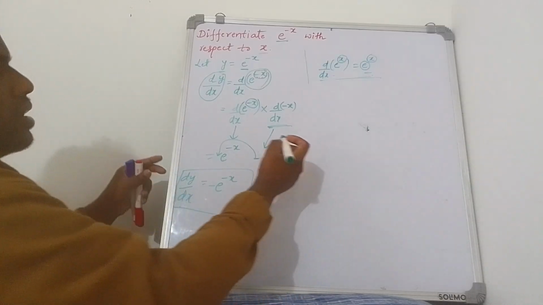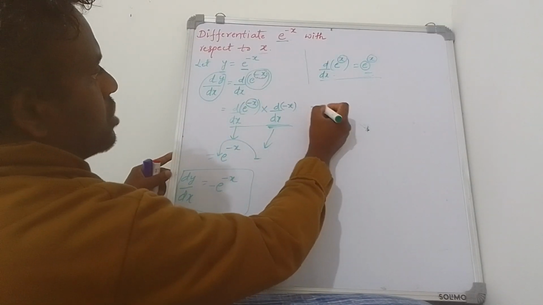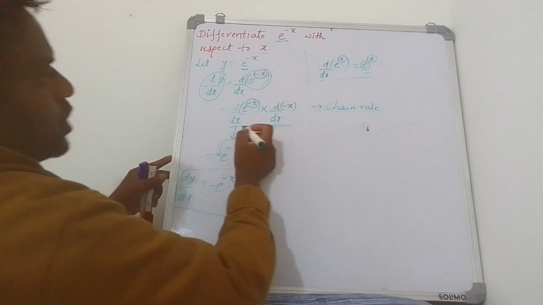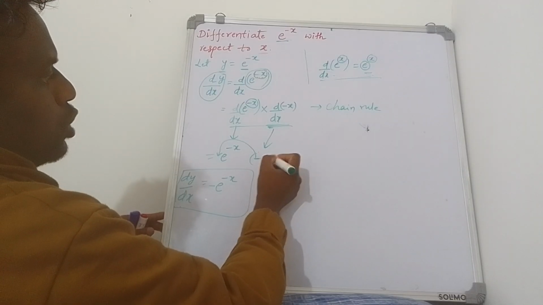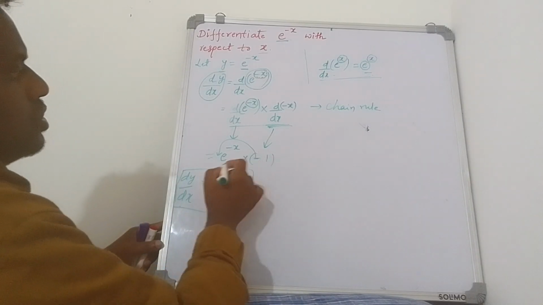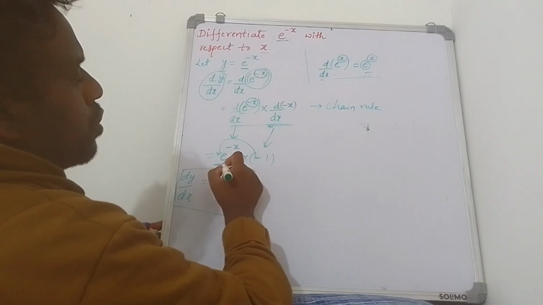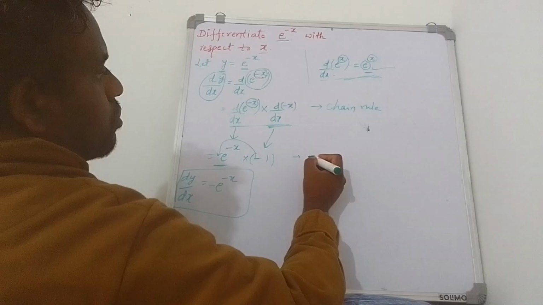Okay. I have explained why I have written like this. I told it is chain rule. Because of chain rule, I have written like this. In the next step, I wrote minus 1, right? For this also, how you got, that you have to mention here, because we have formula, this one. This you have to mention here.